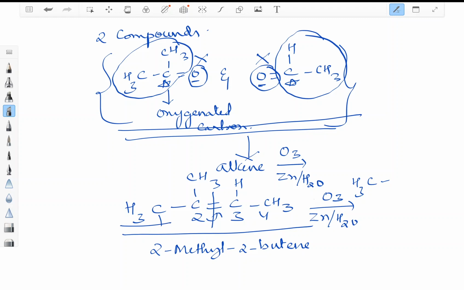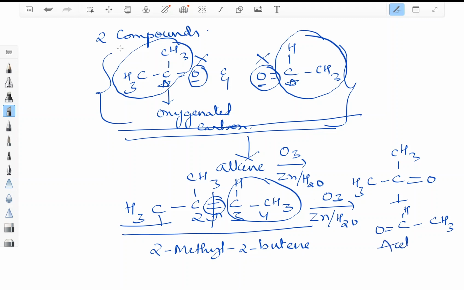This is CH3 I'm writing. Then on the second carbon we have CH3. Here at this part we are going to add double bond O, plus exactly this part I have to write, CH3 CH double bond O. This is acetaldehyde. This is acetone.